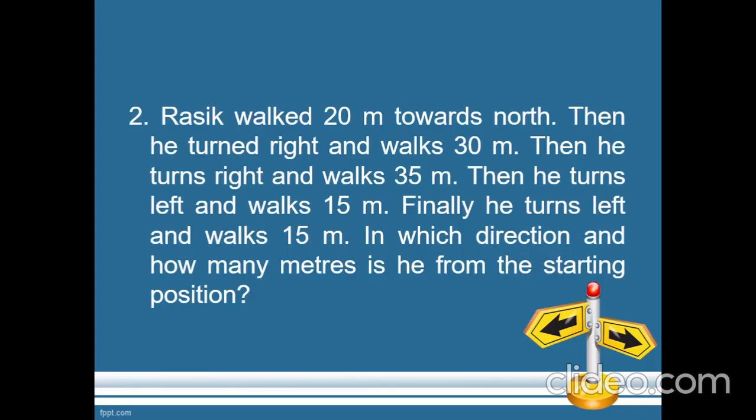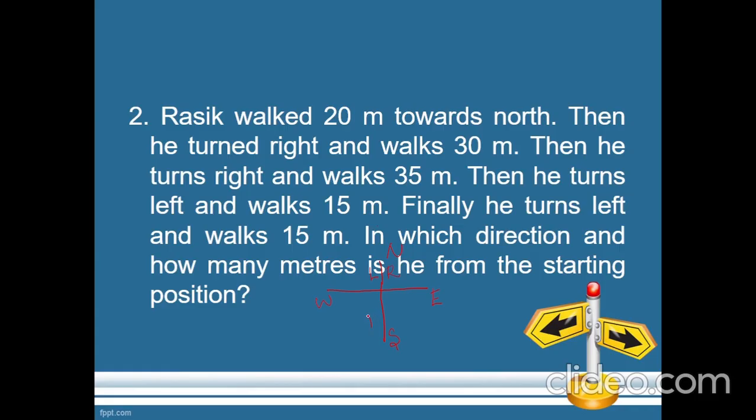Your next one is: Rasik walked 20 meters towards north. Whenever you are solving direction sense, you have to consider this: this is north, this is south, this is east, and this is west. Suppose you are facing north, then this becomes right and this becomes left.